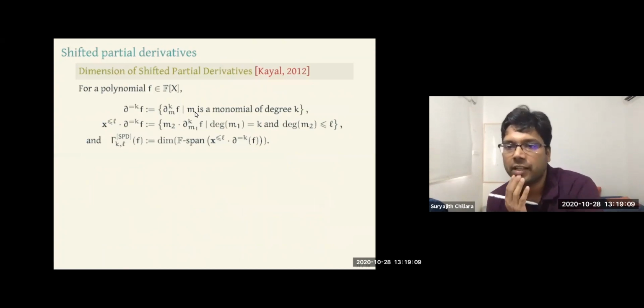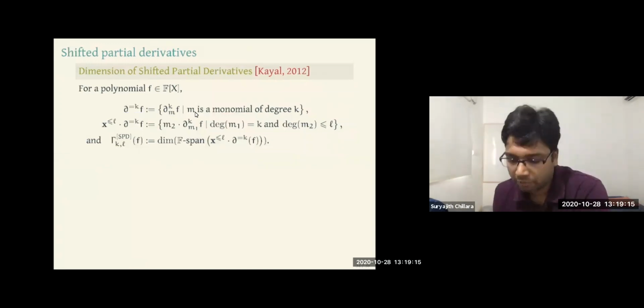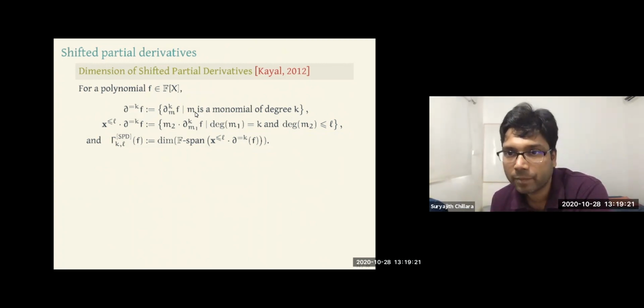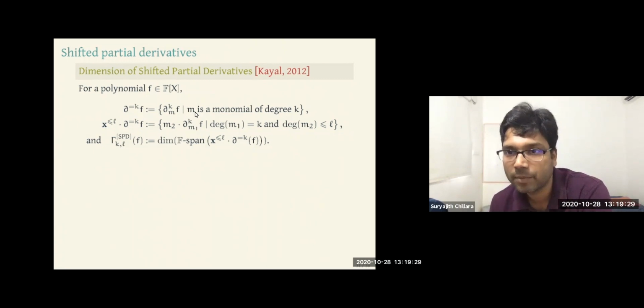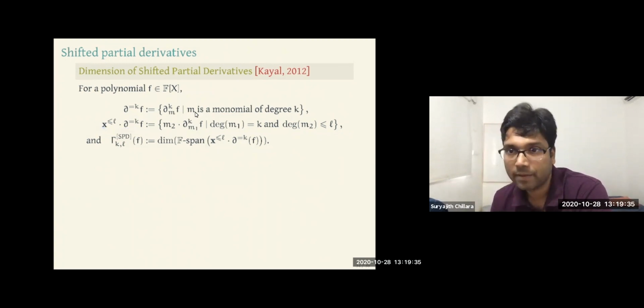Let me just define what the shifted partial derivatives are. First, for a given polynomial f, we define the space of partial derivatives of order k. Then this space of polynomials is multiplied by the set of monomials of degree at most L. These are shifts of partial derivatives.